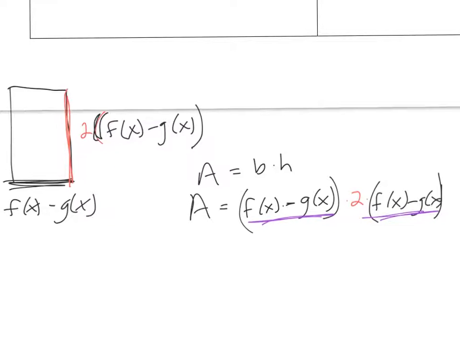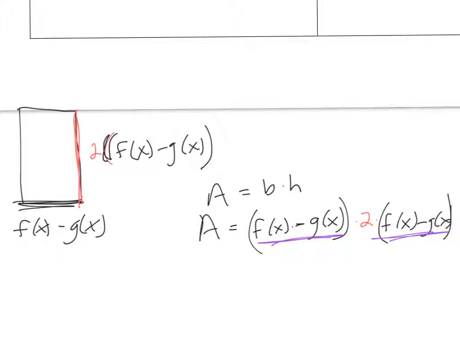So we could simplify that to f of x minus g of x, quantity squared, times 2. 2 is my factor out front. So that's the area of one rectangle.